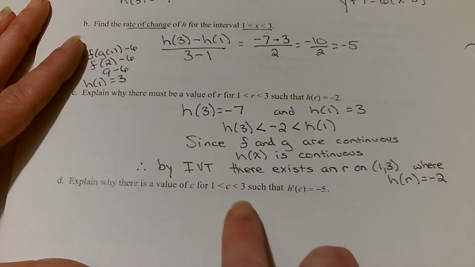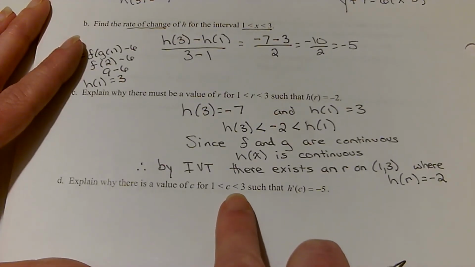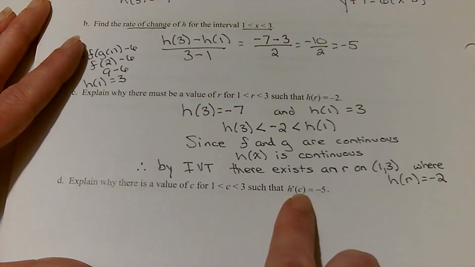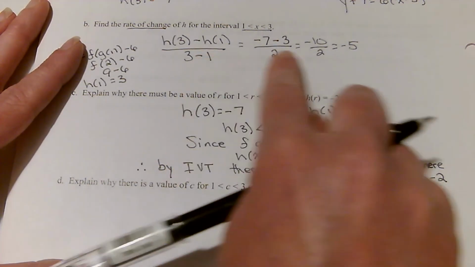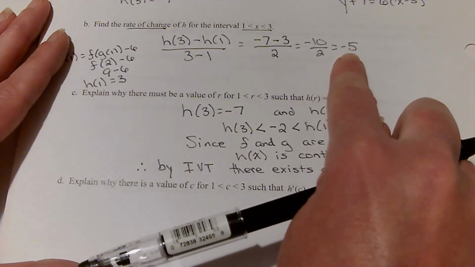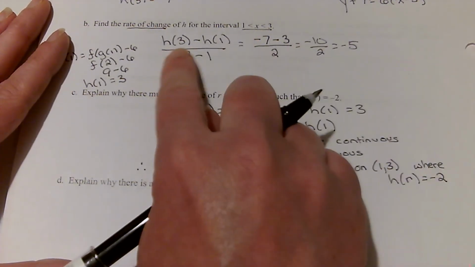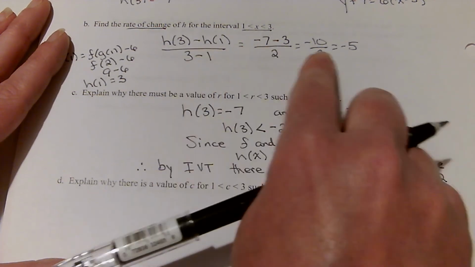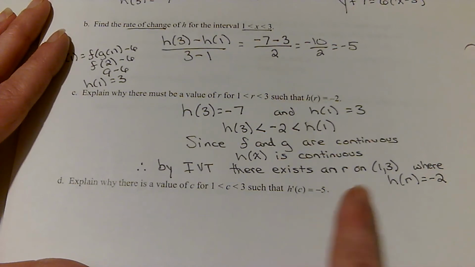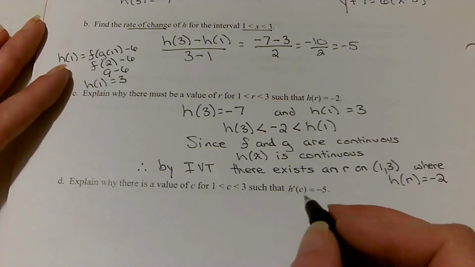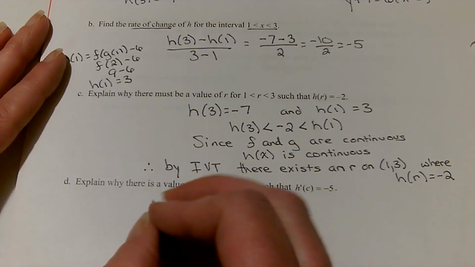Alright, explain why there's a value from 1 to 3 that h prime of c equals negative 5. Well, we just found that the rate of change from 1 to 3, the secant line, was negative 5. That means there is a slope where the derivative is negative 5. There's a slope of a tangent line.